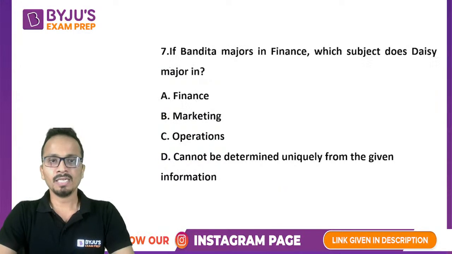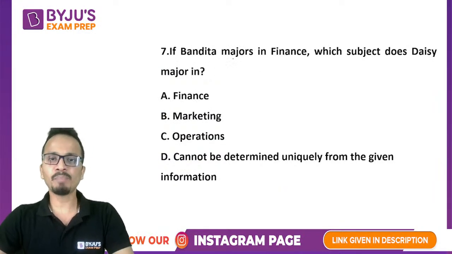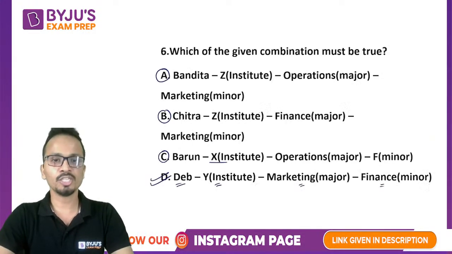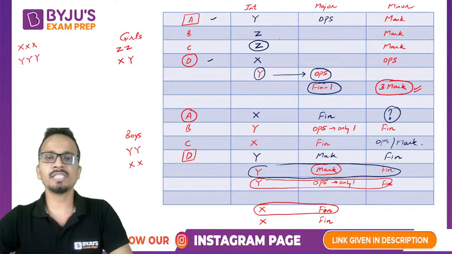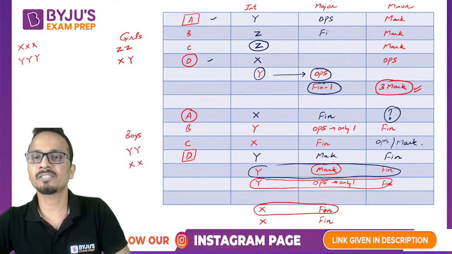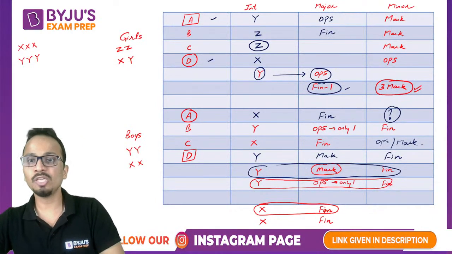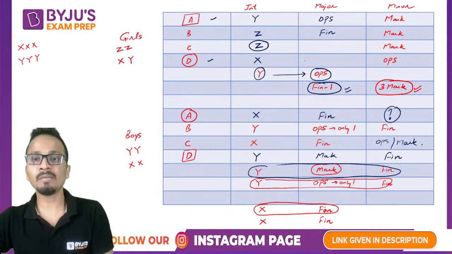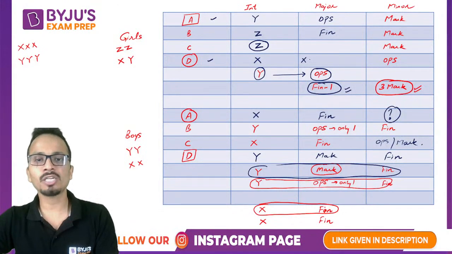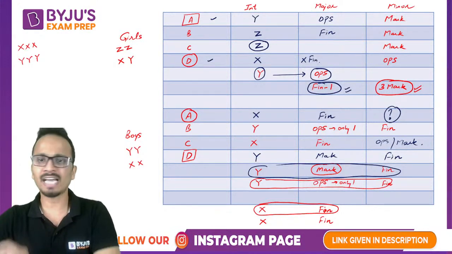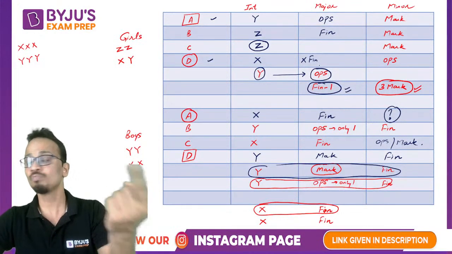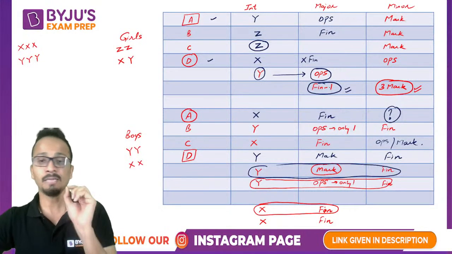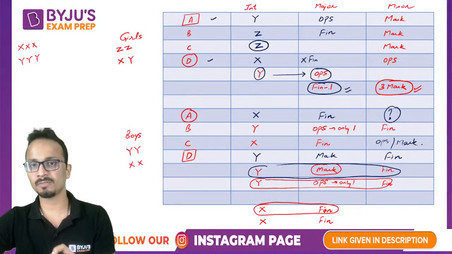Okay. Next question. If Bandita majors in finance, which subject does Daisy major in? Okay, so let's go back. Now they are saying that if Bandita majors in finance, finance has to be only one. So that means Daisy cannot major in finance. Daisy finance में major नहीं कर सकती because Bandita has already done major in finance, and majors in finance has to be only one person, right?